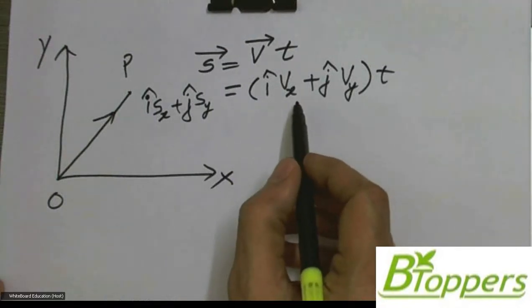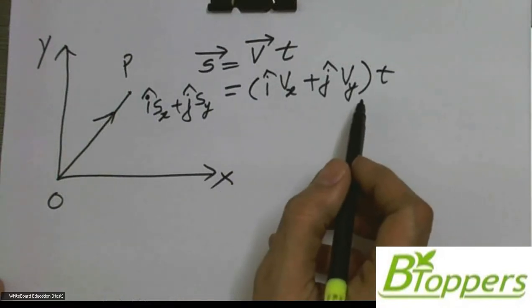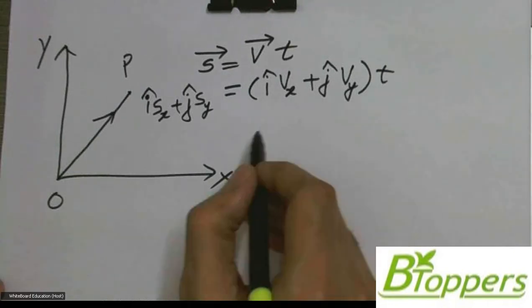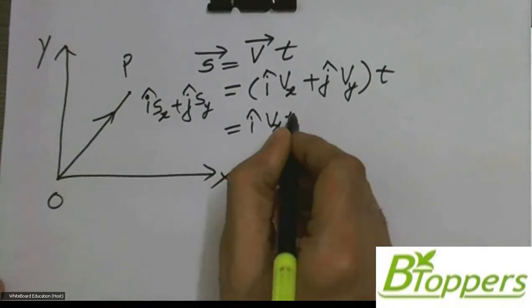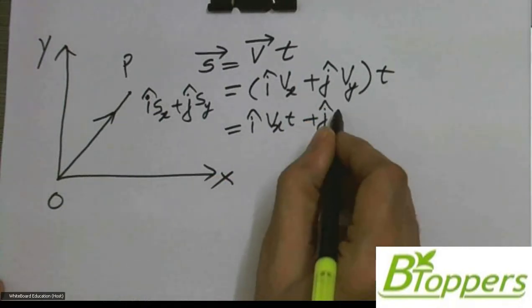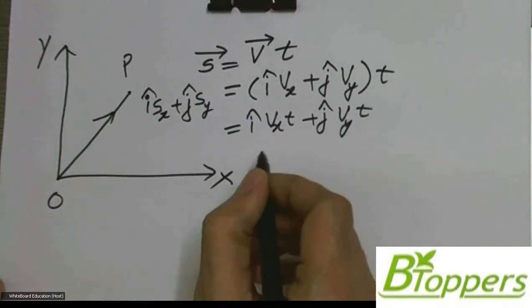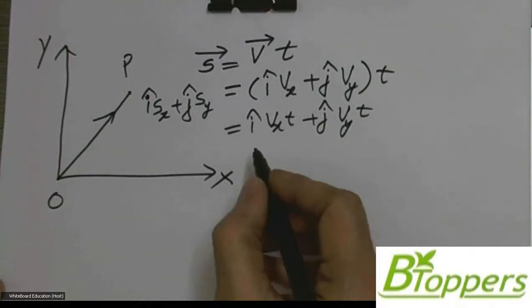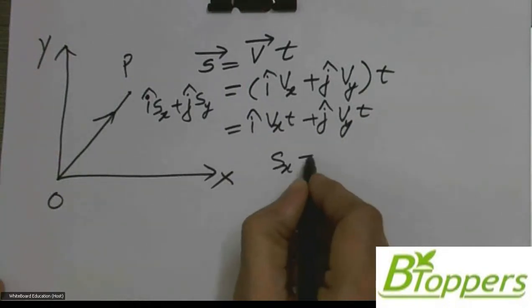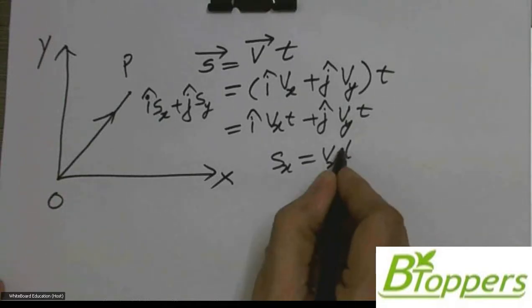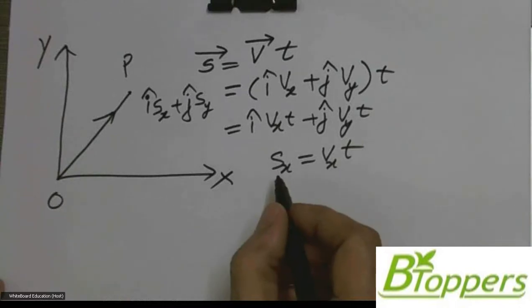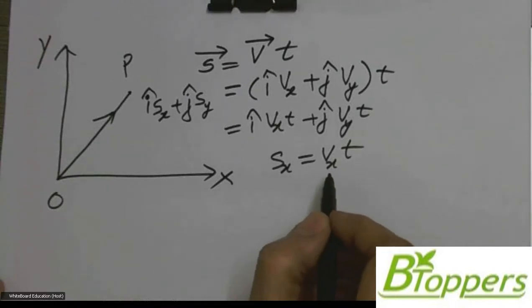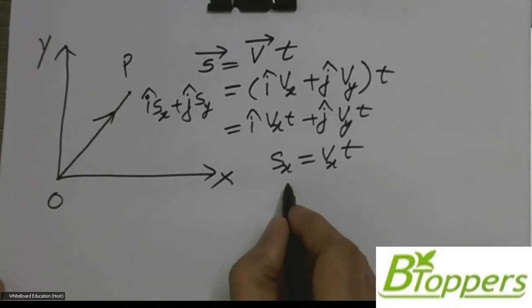Vx is the x component of the velocity of the particle. Vy is the y component of the velocity of the particle. This you can write as i cap Vx t plus j cap Vy t. So when you equate the x components on both sides, you can write Sx equals Vx into t. That means the x component displacement of the particle is equal to the x component of the velocity times the time interval.